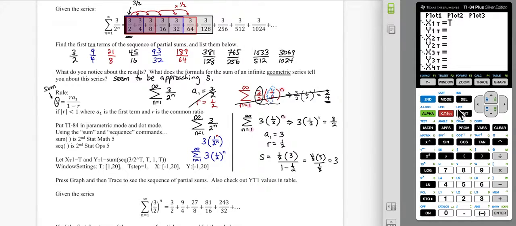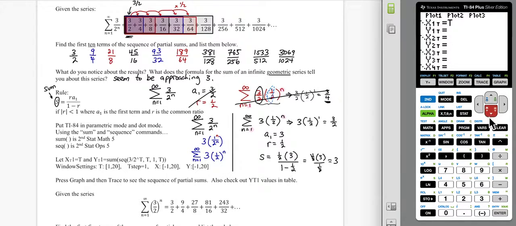So what that'll do is give us, depending on how we define our domain, any value in the domain of t, anything from negative infinity to infinity. Now, for the y part of it, we're going to define it in terms of t. So that's where we use the sum sequence.